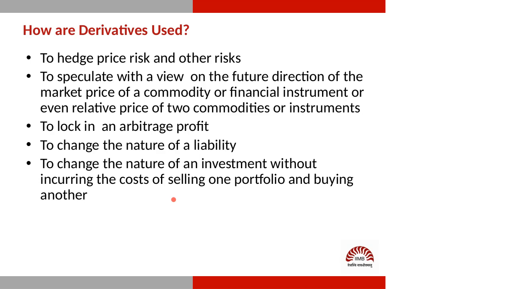You go and find another player in the market who is ready to take that exposure, who says, I don't mind giving a loan to this guy. But you are not able to sell or transfer the loan. What do you do? You enter into a transaction with this party and say, you give me the present value of the loan, and when the loan repayments happen, I will pass them on to the third party.